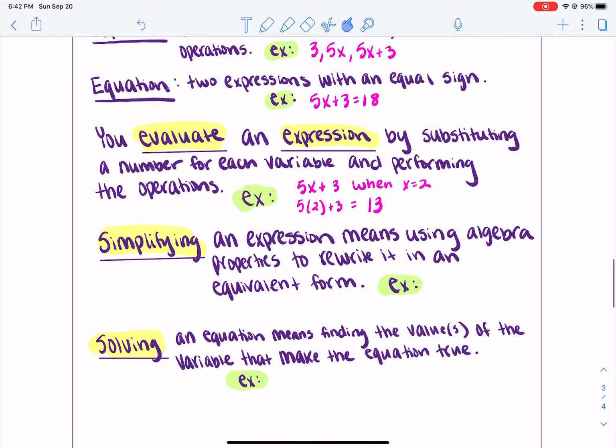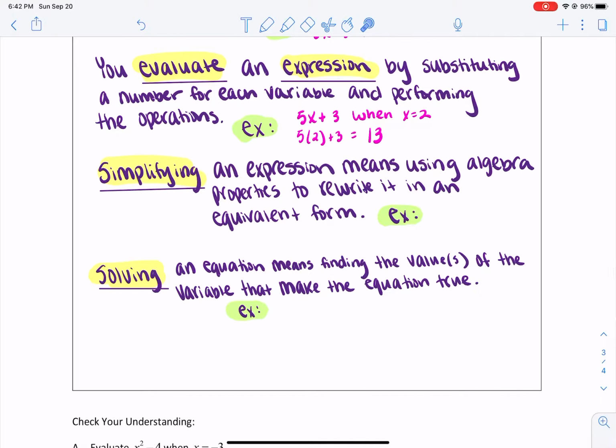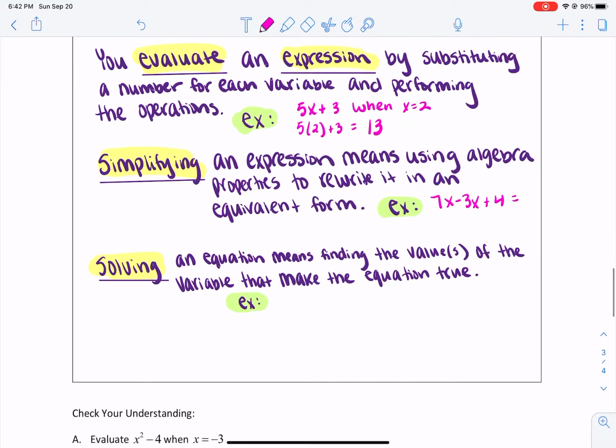All right, another word here, simplifying an expression means using algebra properties to rewrite it in an equivalent form. An example of that would be, let's say we had 7x minus 3x plus 4. We could rewrite that by combining 7x minus 3x, so that would become 4x plus 4.